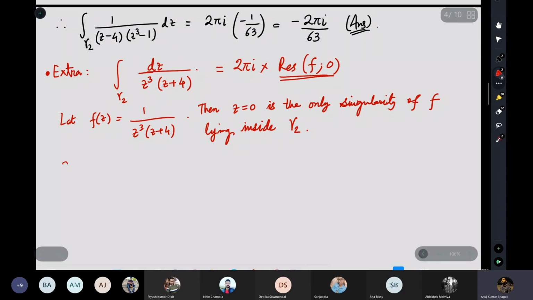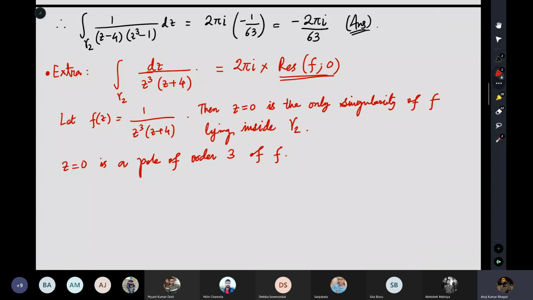So how will you compute the residue here? We know that z equals 0 is a pole of order 3 of f(z), just due to the fact that this cube is here.